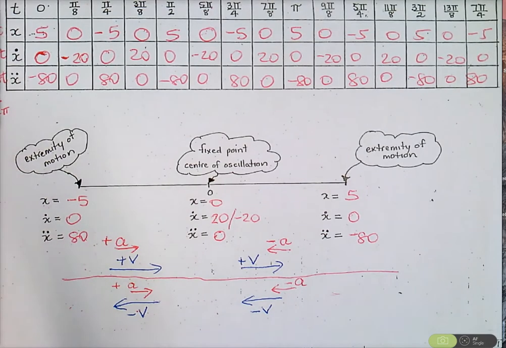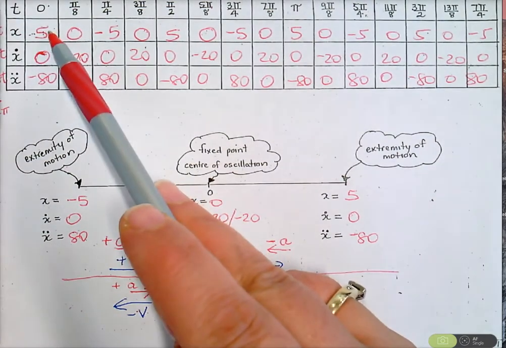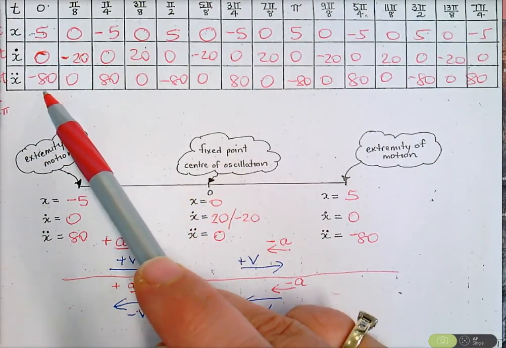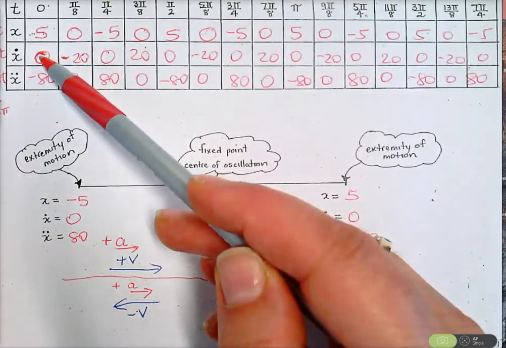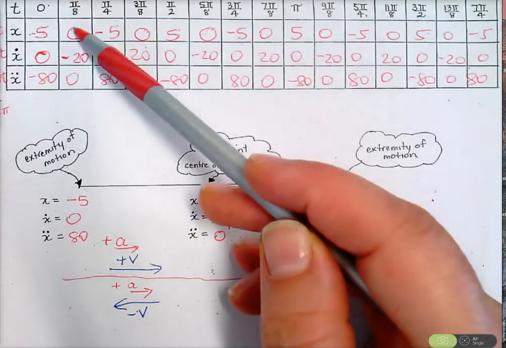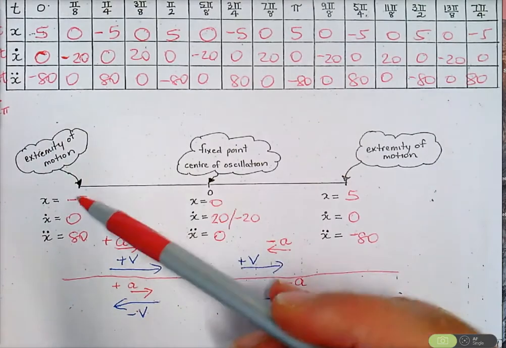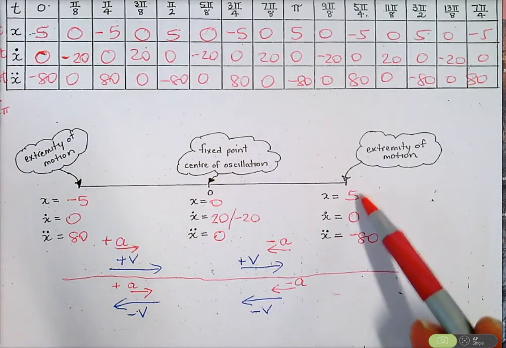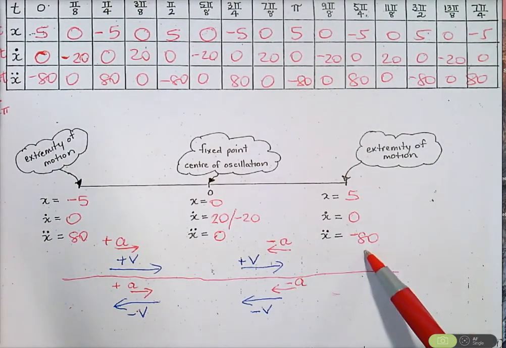You can see from the graph. I'm going to put the 3 graphs down there. Look up here. Positive 5 for displacement, negative 80 for acceleration. So on the end we go plus 0 minus. On the end points, minus 0 plus. Plus 0 minus. The displacement and the acceleration will be opposite signs at the end points of the motion.